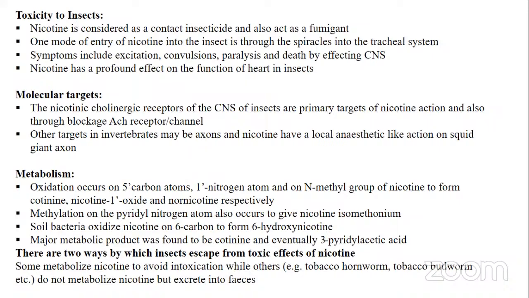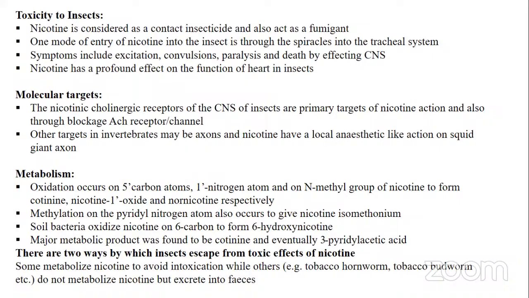Coming to the metabolism, oxidation occurs on the 5' carbon atom, the nitrogen atom, and the N-methyl group of nicotine to form nicotine 1'-oxide or nornicotine respectively. I'm going to show you all the structures in the next PPT.